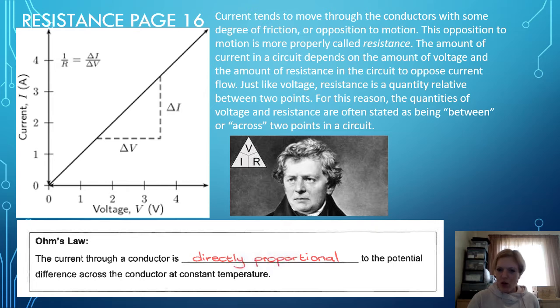For this reason, the quantities of voltage and resistance are often stated as being between or across 2 points in the circuit. So I will say the resistance across the battery, the resistance across the light bulb. Then you understand the resistance of that light bulb or those light bulbs. Does that make sense? So guys, have a read through this and make sure you understand exactly what's going on.